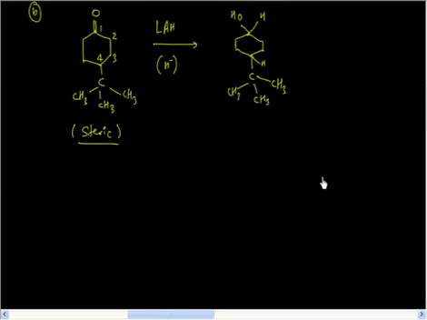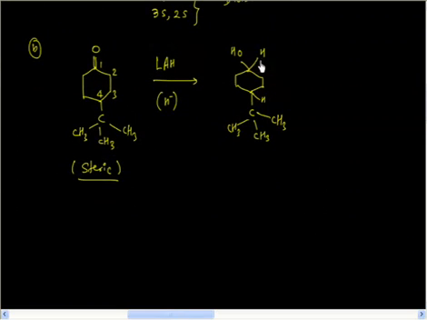Now we have two possibilities for this one. The hydrogen and OH have been added here. Now you can have a cis as well as trans product. Are you getting it or not? So this is the tert-butyl group and this side the OH group. They can be cis or trans. So let me draw the diagram. You can have something like this.